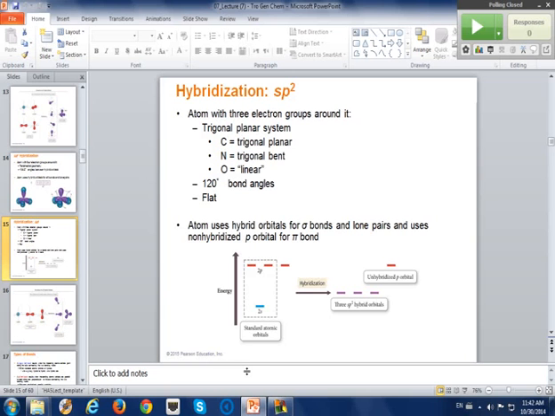It may involve hybridizing the 2s orbital with 2 of the p orbitals rather than 3 of the p orbitals. And so in this particular hybridization, the quantum mechanics calculates the shape of molecules such that the bond angles are 120 degrees, in contrast to what we did in the last chapter by the valence shell electron pair repulsion theory.